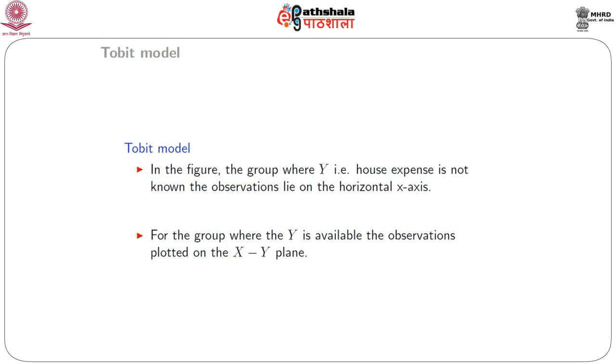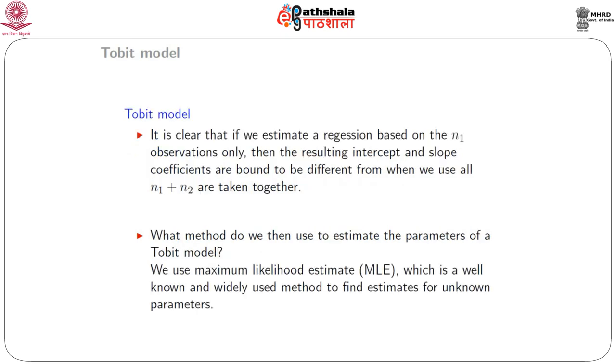Now, from the following figure, we can see that the group where y is not observed, which contains n2 observations, will lie on the horizontal axis. They are marked by the x's along the horizontal axis. And if y is obtained, the observations will lie on the y and x plane.